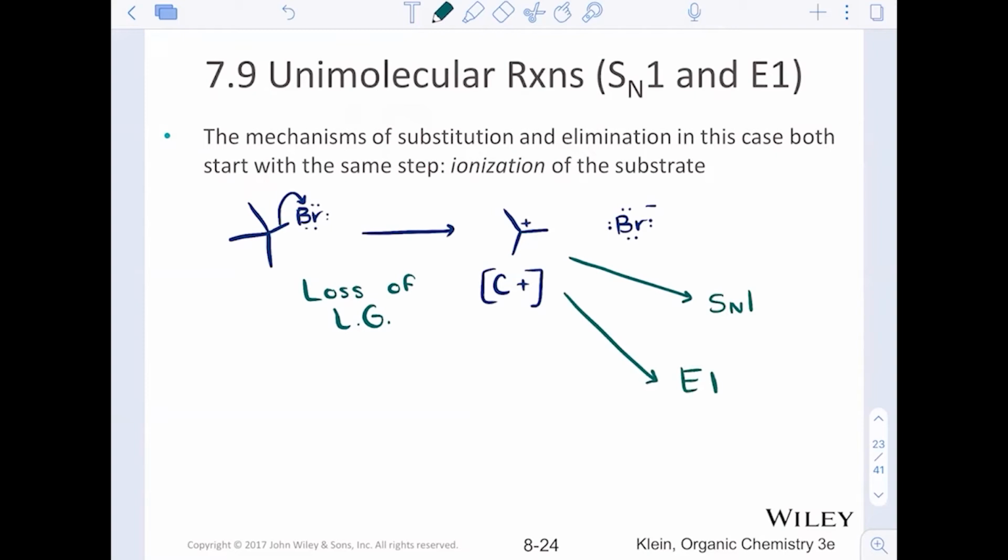Again, for abbreviation purposes, SN1, nucleophilic substitution unimolecular. Only one molecule is dependent for that rate determining step. E1, elimination unimolecular. After that carbocation is formed, it will either undergo a substitution or an elimination depending on how it reacts with the solvent.